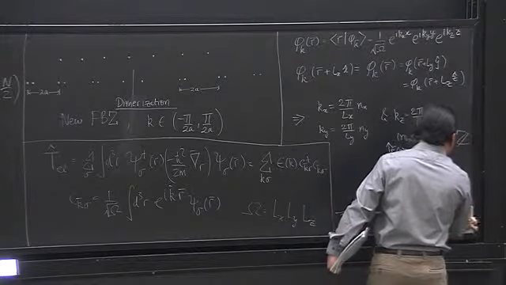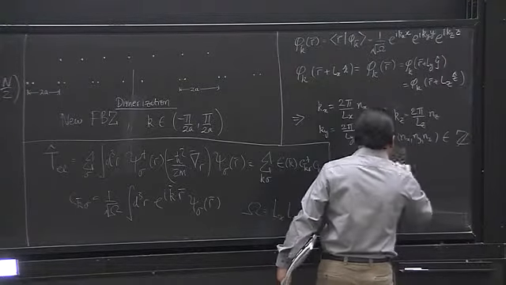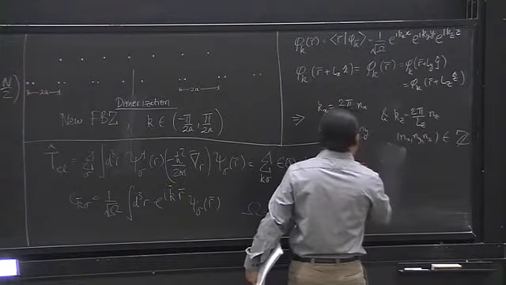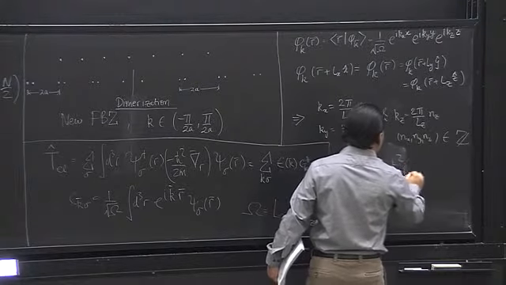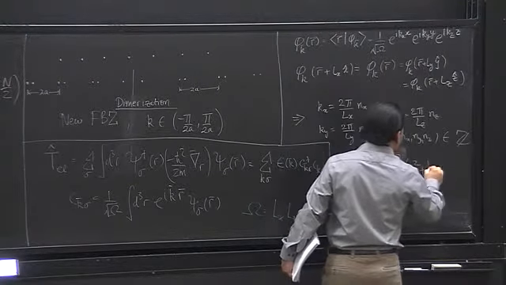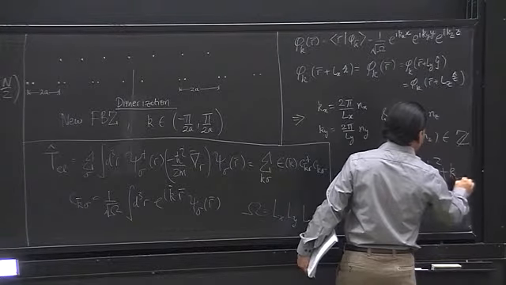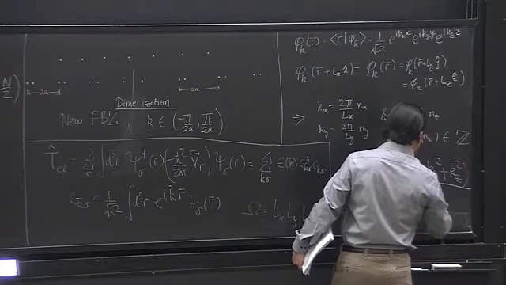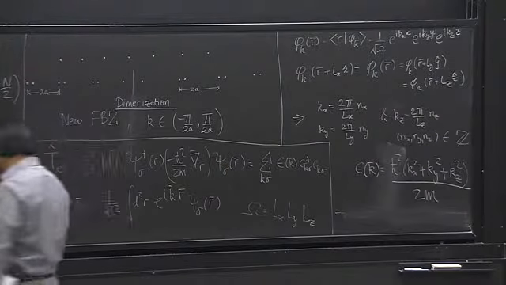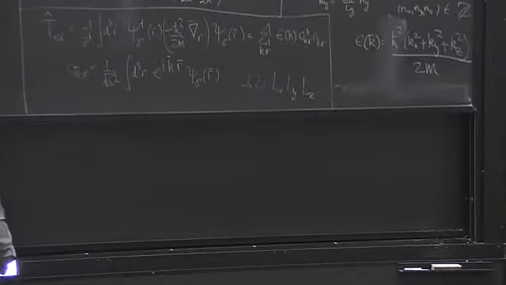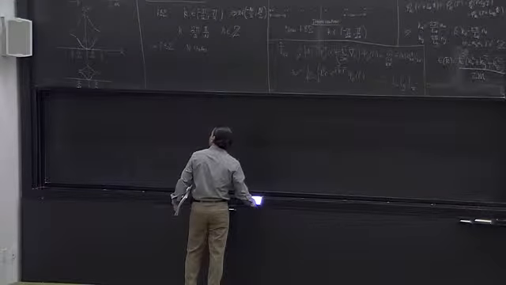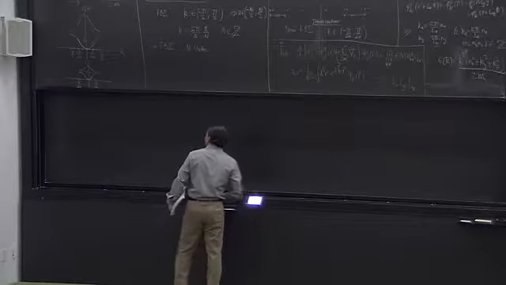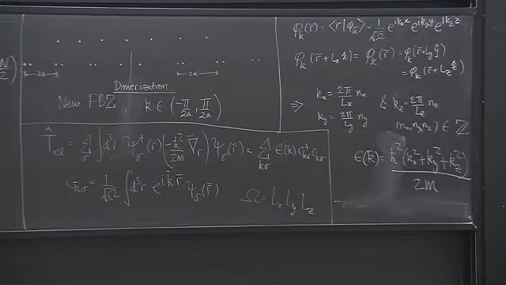Epsilon k is h bar square, kx square plus ky square plus kz square, over 2m.